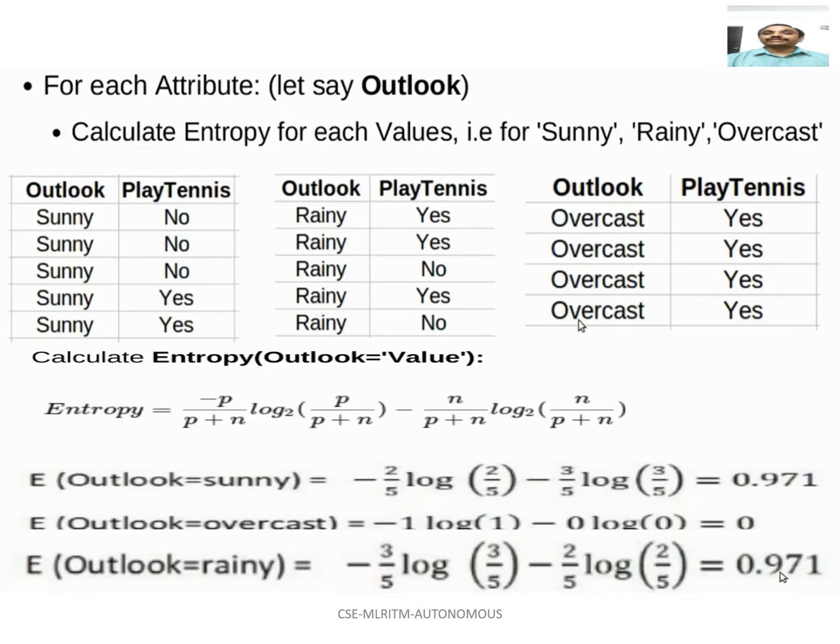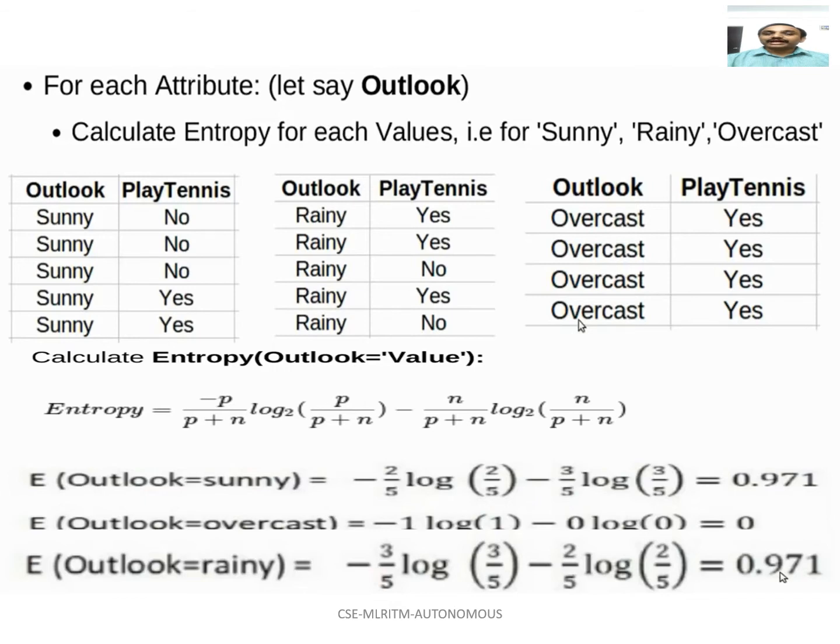So first one, you take E of outlook equal to sunny, that is entropy of sunny in the case of the outlook attribute. So what we have to take, how many positive values are there? 2. 2 divided by 5. Why are you taking 5?